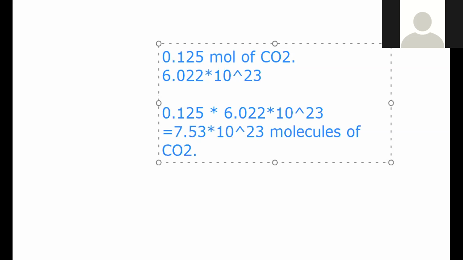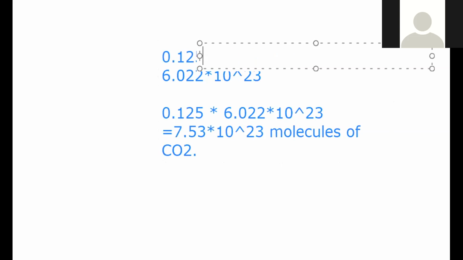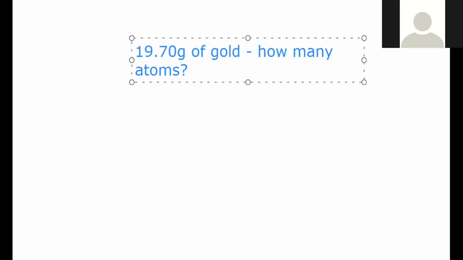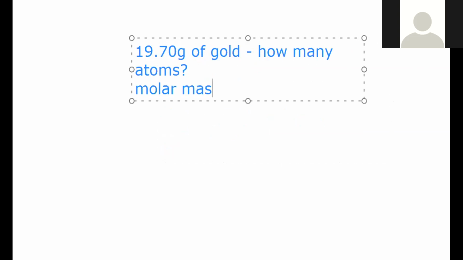So we'll do one more. How many atoms are in 19.70 grams of gold? Again, don't answer, but how might we figure this out? What do we need to know? We need to know the molar mass of gold.